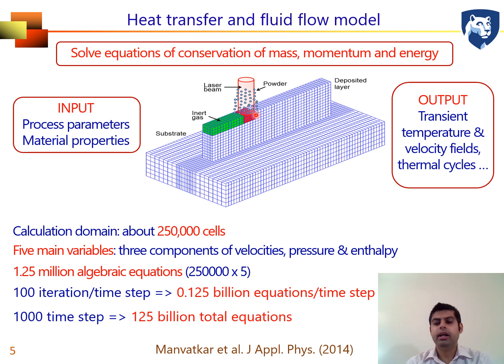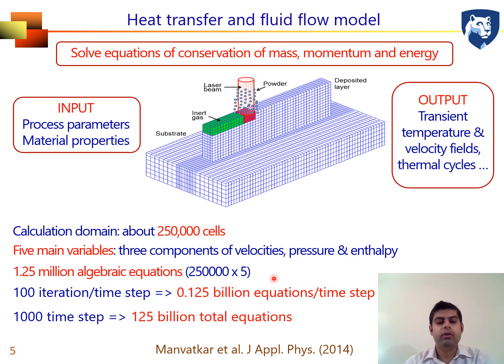So let's consider around 250,000 cells to discretize this computational domain in 3D, and we are solving 5 main variables: 3 components of velocity of the convective flow inside the molten pool, pressure, and the enthalpy from which we can calculate the temperature field.